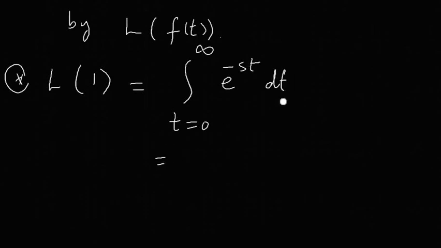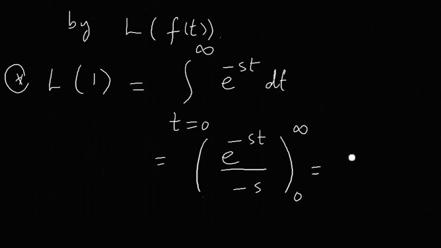And the integral with respect to t, treating s as constant, is e to the power of minus st divided by minus s. The limits are from 0 to infinity. Taking minus 1 by s, actually this integral is to be done by taking the limit as this particular number tends to infinity. All these things I'm not taking for the sake of simplicity, just proceeding in a simpler way.